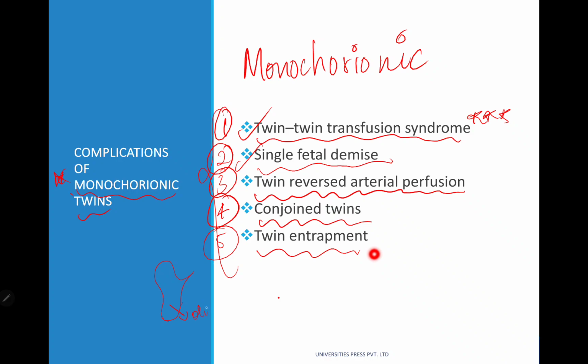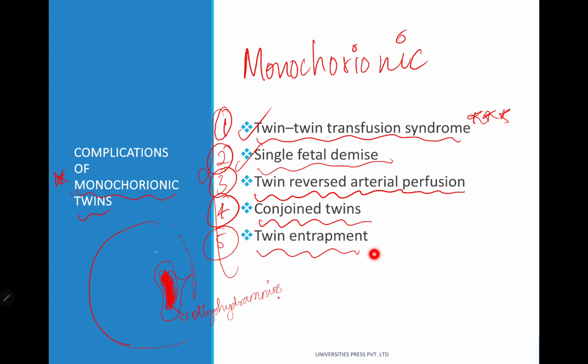Say this is one twin in one sac, and the fluid is very less in this sac, that is oligohydramnios in one sac.